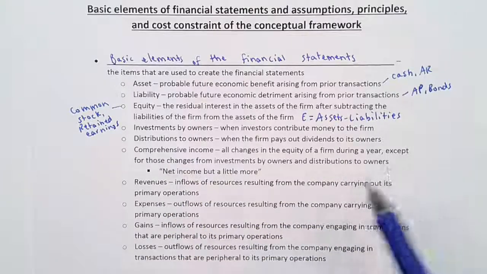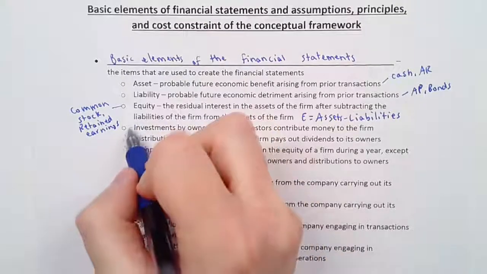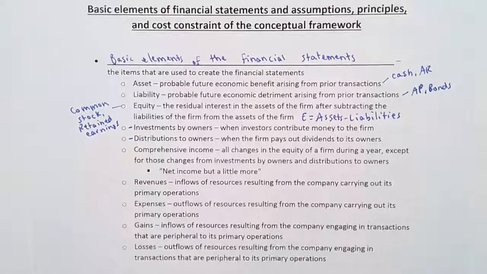Okay, so basically anything that changes our equity, except for these two items that we just went over, okay, that's what comprehensive income includes. All right. And investments are when we pay money to the firm, and then distributions to owners, we receive money from the firm if we're an investor. All right, and so anything else that changes equity, that's comprehensive.